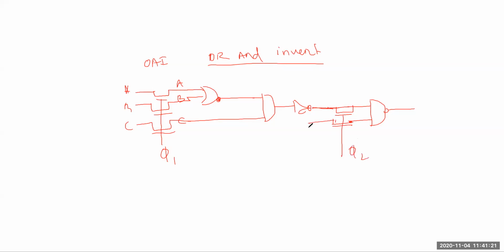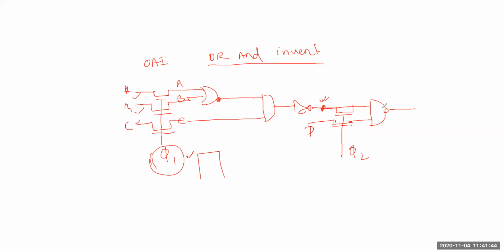Suppose this is your D. What happens during the first clock? When the clock is 1, all 3 signals will pass to here, and it will give the functionality according to A, B, C.